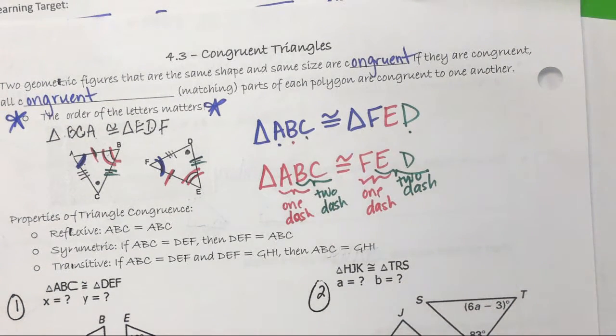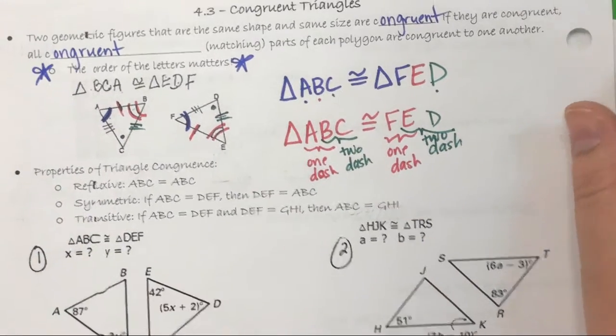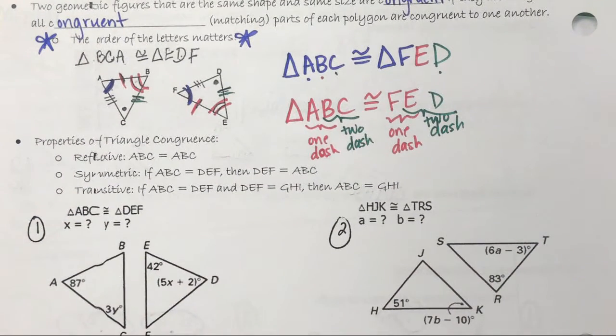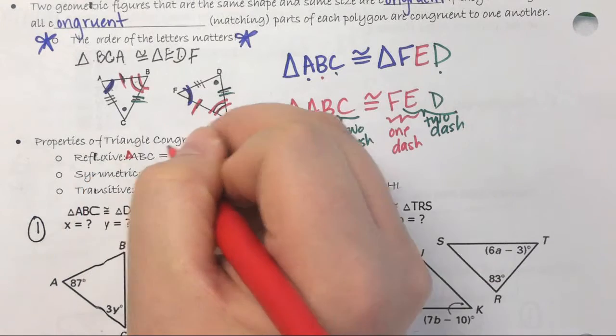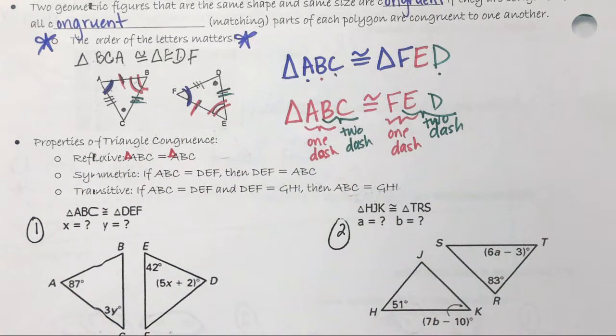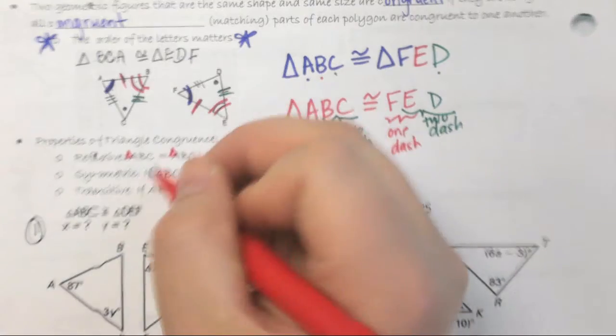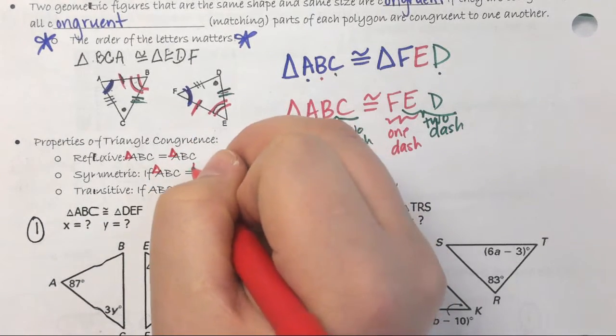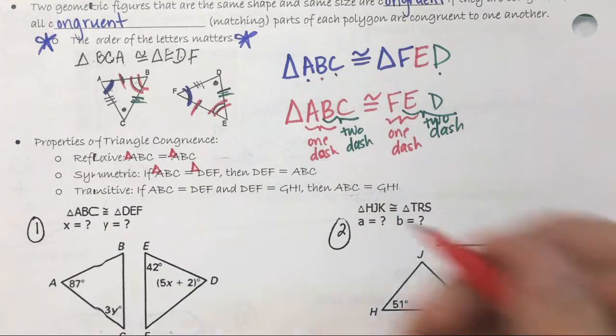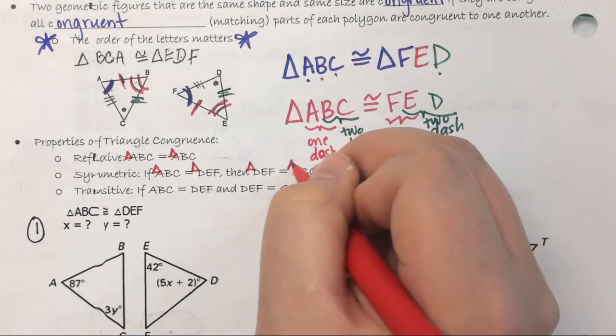So, of course, those properties we discussed in the last chapter, like reflexive and symmetric and transitive, they still work with triangles. And, it bothers me they didn't put the triangle symbol. If triangle ABC equals triangle ABC, that's the reflexive property. If triangle ABC is equal to triangle DEF, then triangle DEF is equal to ABC.